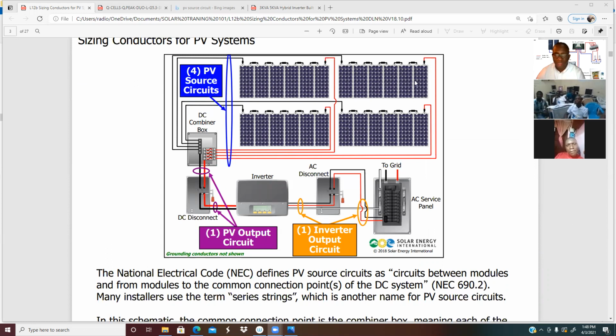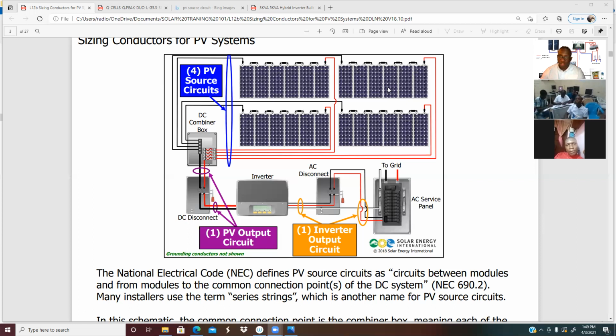These are paired in what, series or parallel? We call this a series-parallel connection, because each array is in series. At the end, in the combiner box, you parallel them so you can get more amperage to run your system and charge your battery bank.